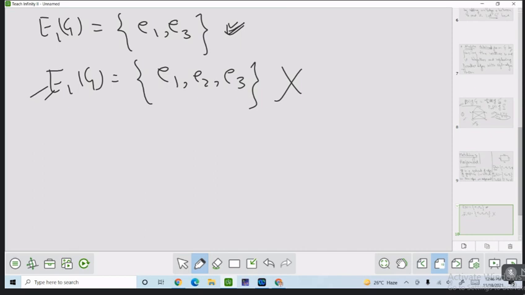If the matching is lost, then we say that the matching is a maximal matching. If we add any edge in the matching, it does not remain a matching, because this one and this one are adjacent in this case. So it is not a matching. Adding only one edge, the matching is lost, then that matching is called a maximal matching.